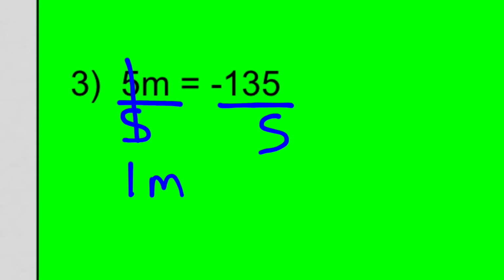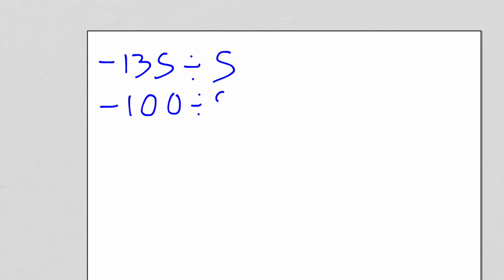So negative 135 divided by 5. Let's do this over here. So I'm going to write negative 135 divided by 5. Now we can divide this in parts, right? I would do negative 100 divided by 5 and negative 35 divided by 5.